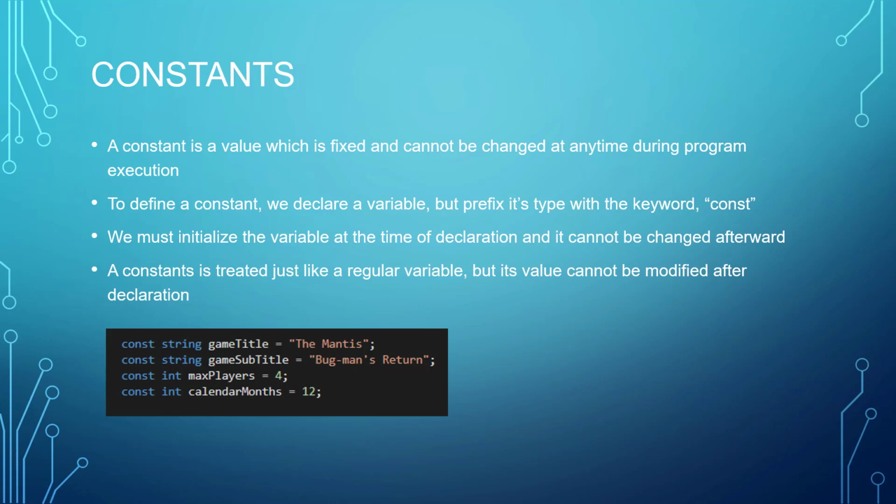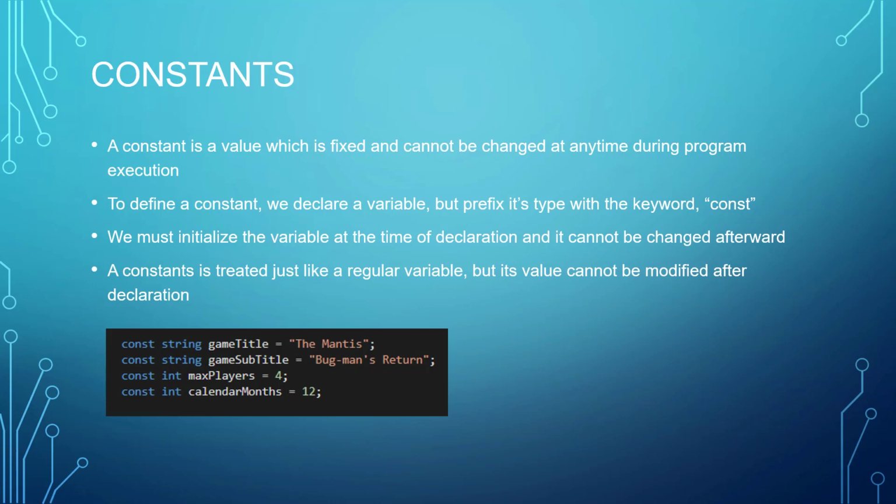And we'll get to some examples at the bottom of the screen. Now, we must initialize the variable at the time of declaration, and then it cannot change afterwards. Now you treat constants just like you treat regular variables, but again, its value cannot be modified after declaration.